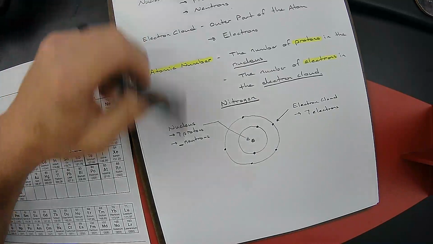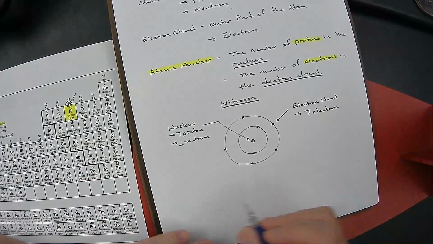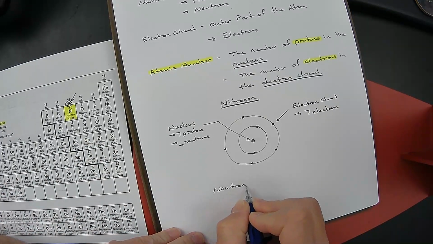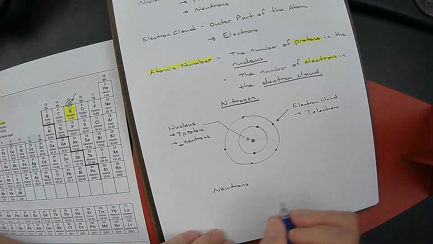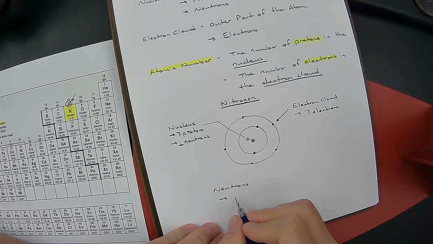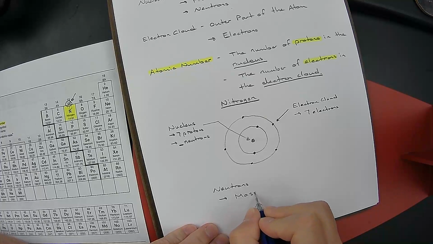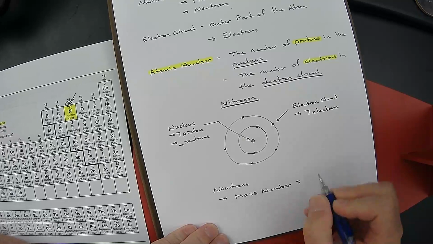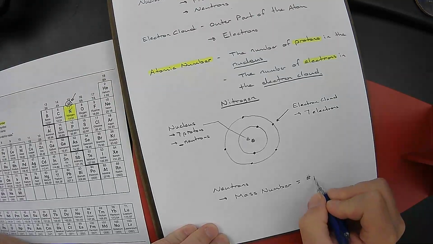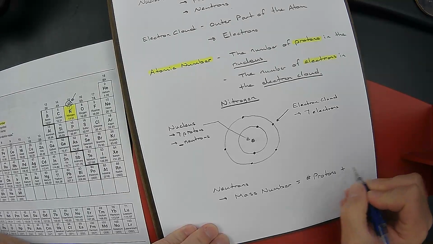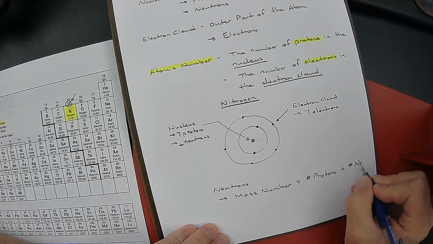So that means we need a formula to be able to find the number of neutrons. The way we're going to find the neutrons is by using what is called the mass number. The mass number is equal to the number of protons plus the number of neutrons.